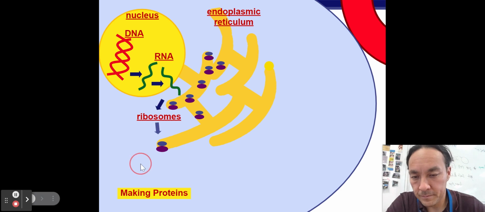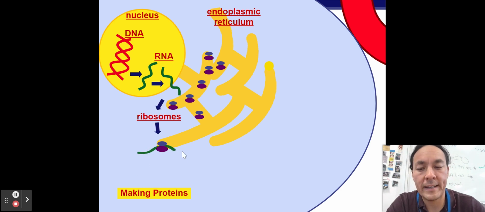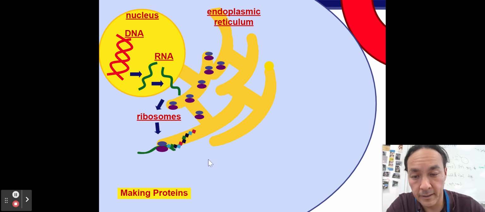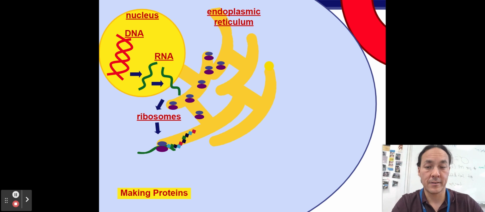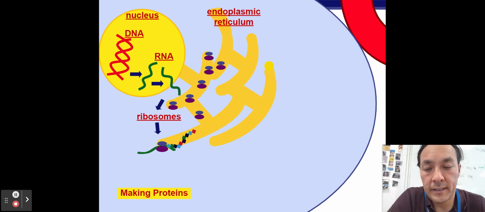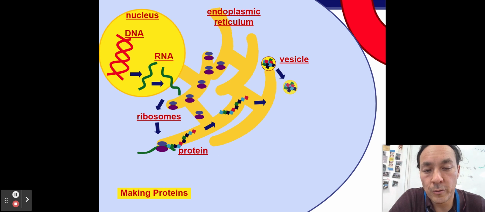The ribosome translates the mRNA message into a protein. Remember, tRNA brings the amino acids. The amino acids are joined together, and they form a protein. That protein then goes through the ER, and then leaves in a vesicle to the Golgi apparatus.